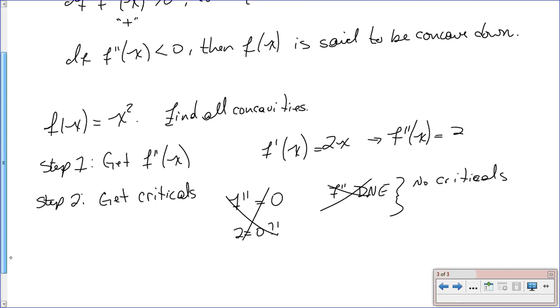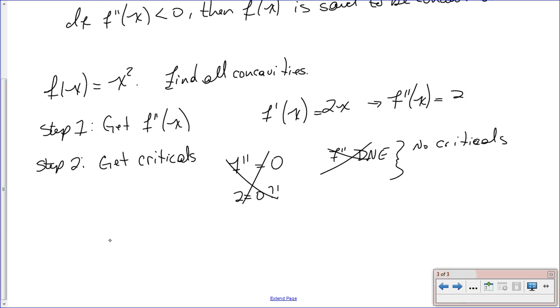Now, ask yourself, in this case, what is f double prime of x always? Well, f double prime of x equals 2, so it's always 2.